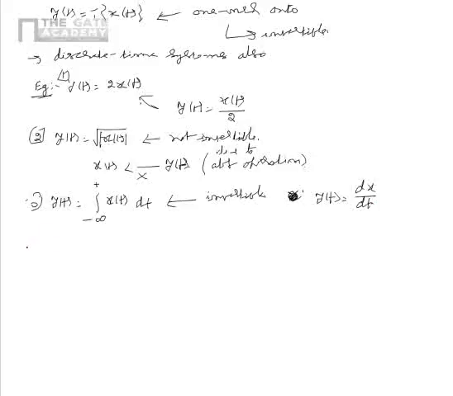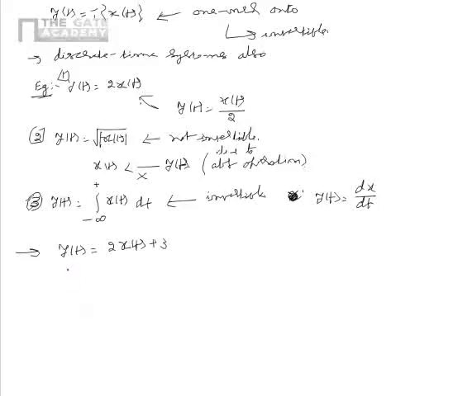So now let us consider some of the problems related to invertibility. Suppose there is a system given as y of t is equal to 2 into x of t plus 3. We have to find if the system is invertible.